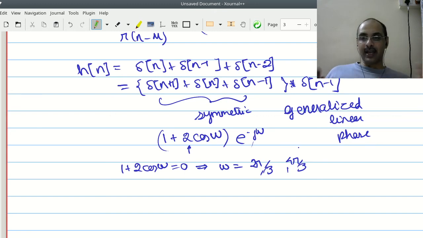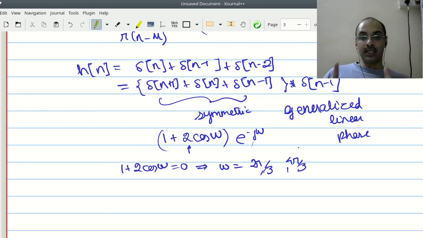Those frequencies will not appear in the output at all. So just to summarize and emphasize the concept, group delay tells you by how much the envelope of the signal is shifted. Group delay generally depends on omega. If the system is linear phase or generalized linear phase, then it doesn't depend on omega.